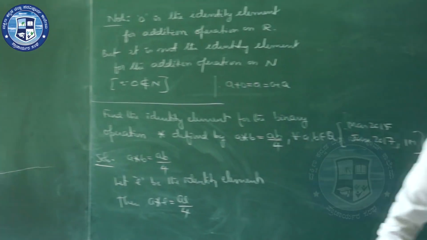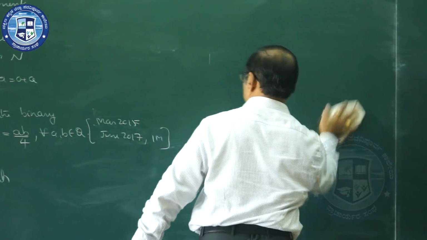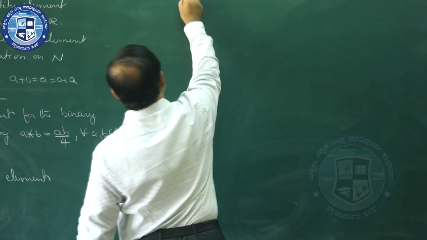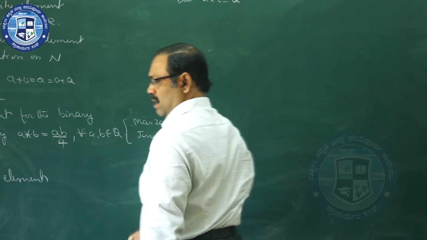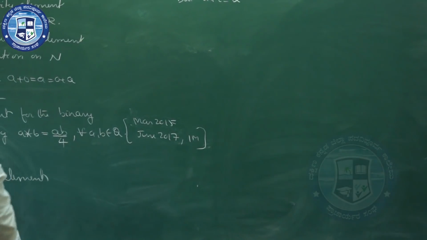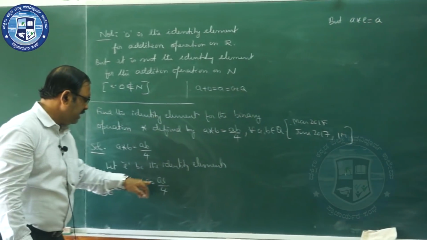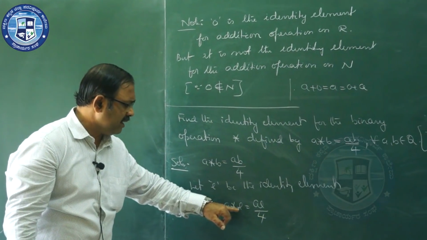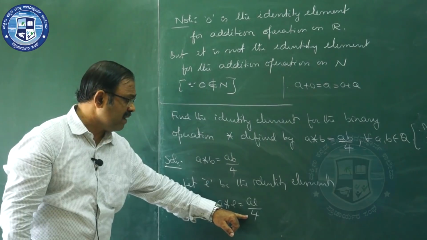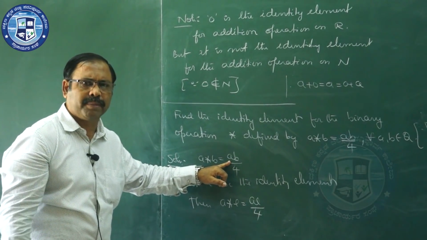AE by 4. But what is A star E? Tell me. A. This is by the identity property, isn't it? See, what is A star E? AE by 4. This is by the definition given in the problem.